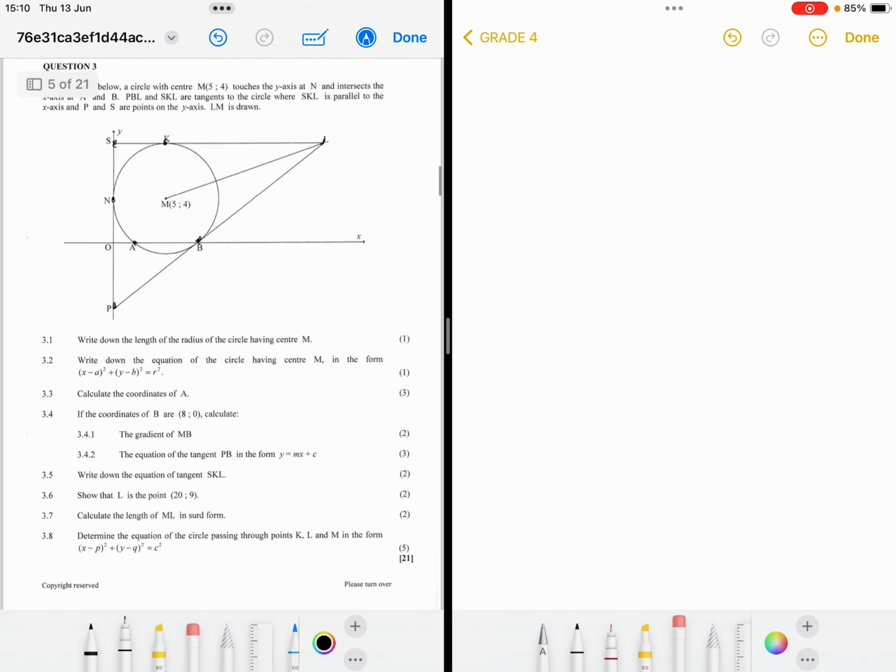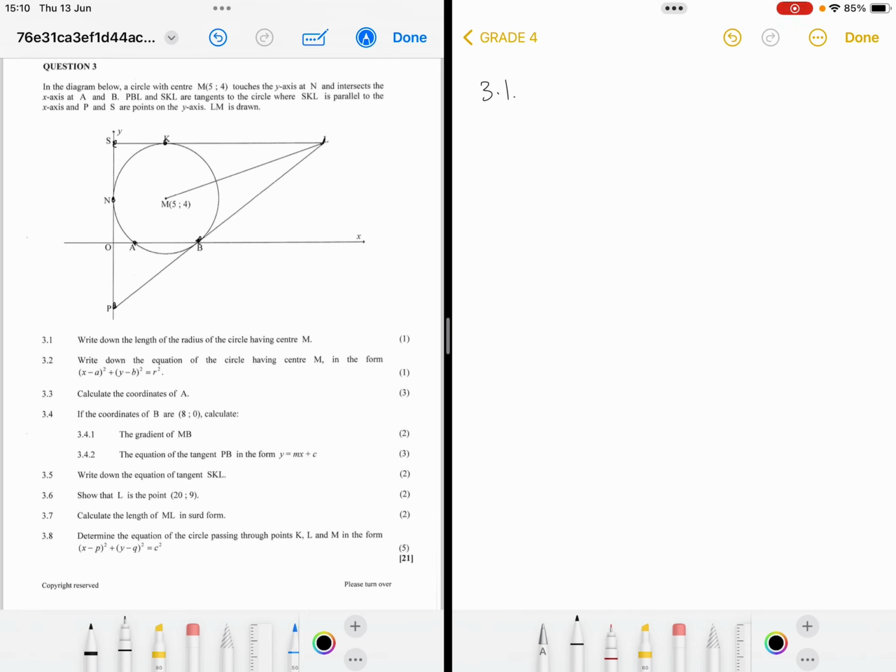So let's check the question in this regard. They are requesting us to write the length of the radius of the circle having center M. So what is a radius?